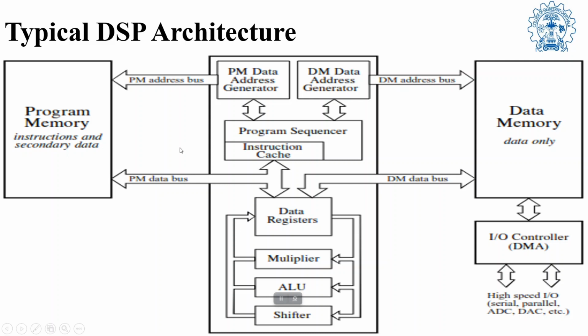There is a block for the DM data address generator, which controls the address sent to the program and data memory, and specifies which information is to be read or written.